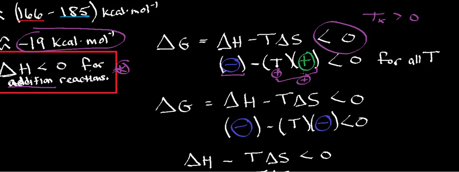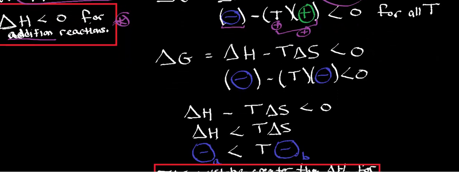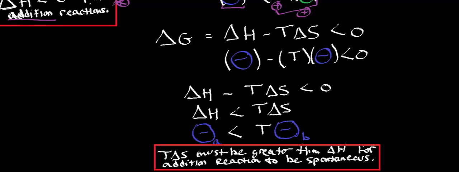So that means that since delta H is generally negative for addition reactions, and if delta S is positive, then that reaction is always spontaneous. It actually doesn't matter what the temperature is. You can do it at any temperature. But we're going to see now why in the next case, say the entropy is negative, which it is in a lot of cases, we're going to see why temperature should be low for an addition reaction.